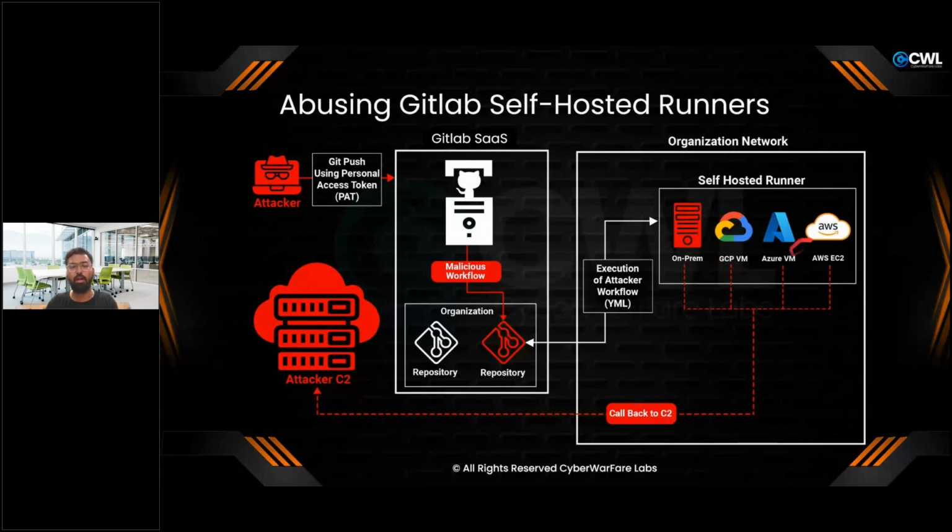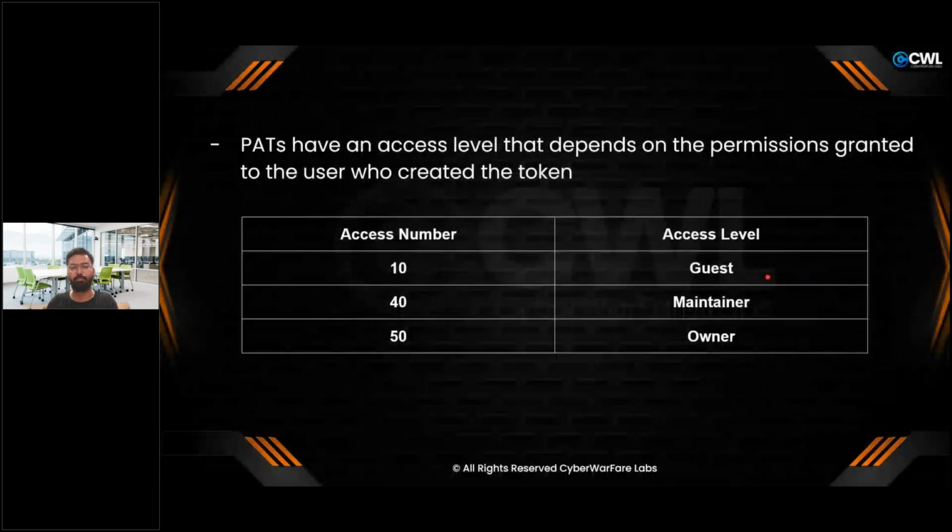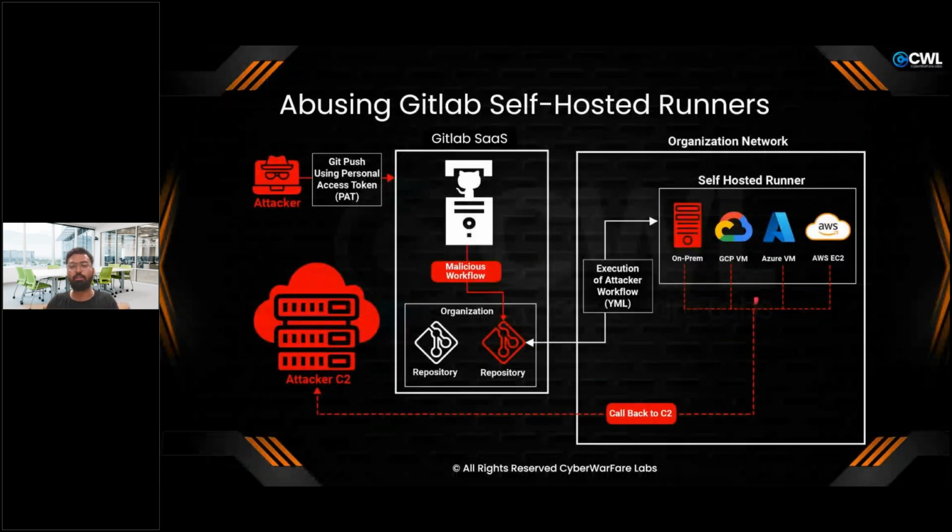Whatever push or addition is done on this repository is forwarded to the self-hosted runner, or to runners present in other cloud vendors, and then it is executed, right? Once the callback has happened, it will connect back to the command and control server. This is the actual workflow which we will be demoing in the next slides.